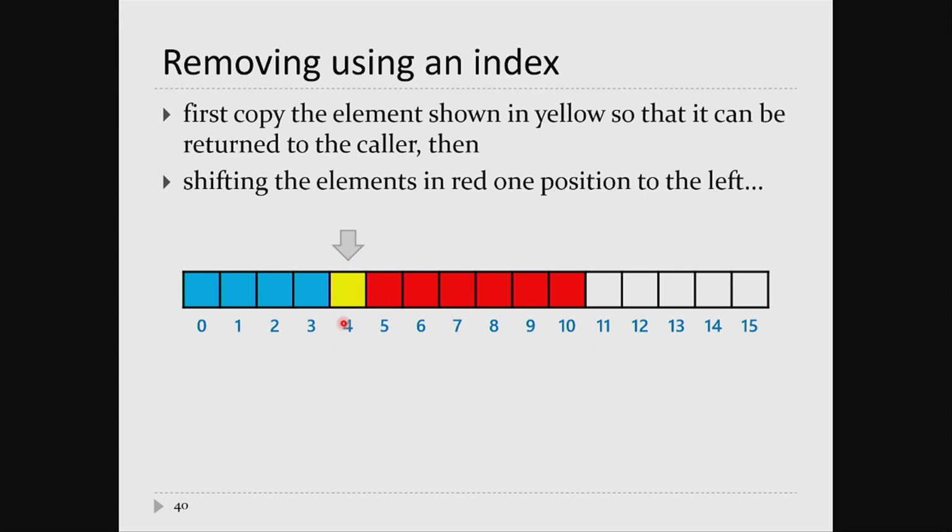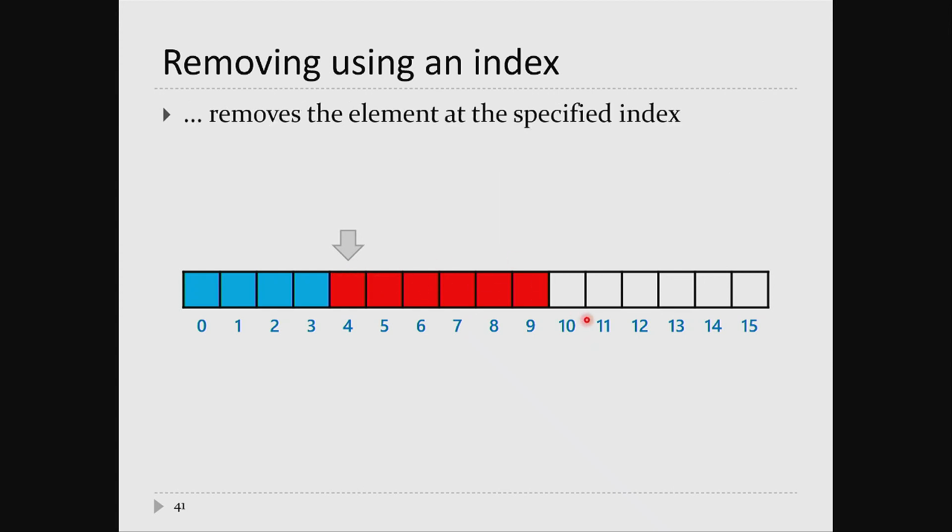Furthermore, I need to return the element that was sitting at location 4. So I need to remember what's sitting in the yellow box right now. I need to take those red boxes and shift them over by 1, and then I need to return what was sitting in the yellow box. But again, there's a shift operation that has to occur.